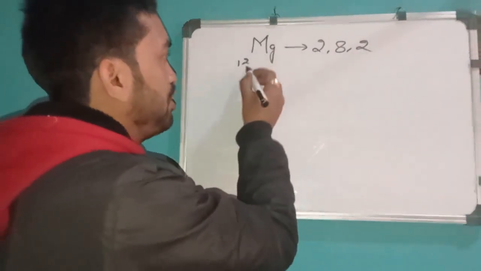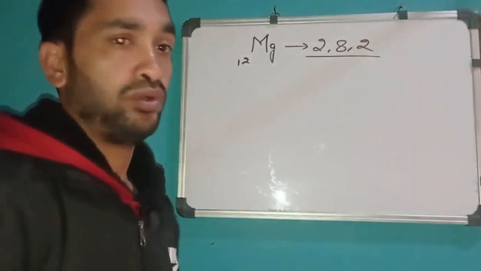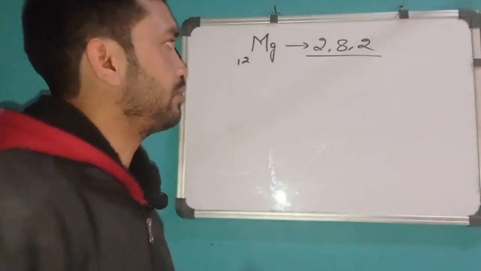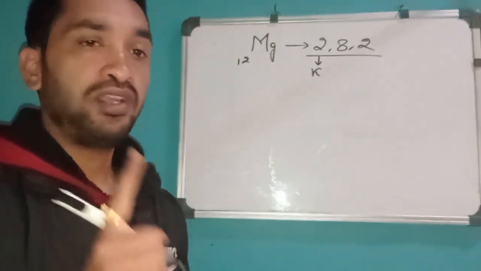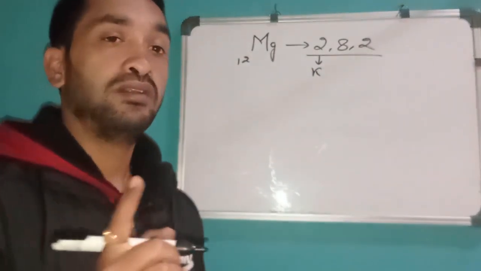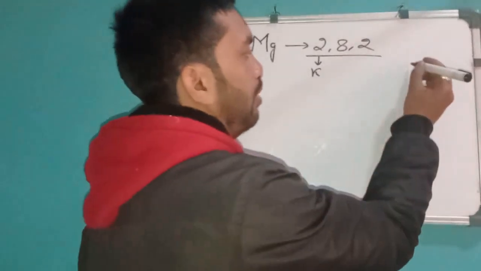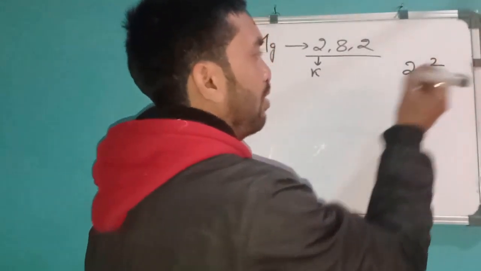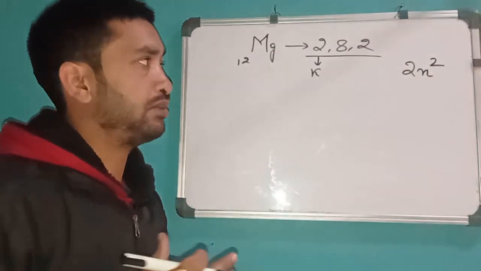Okay. Magnesium atomic number 12. Configuration 2, 8, 2. Now how did it come? See. The first shell is K shell. Remember, K shell can accommodate only 2 electrons. That is its capacity. The formula is 2n square. This is how you can remember how to know the maximum. See, maximum is a different thing.